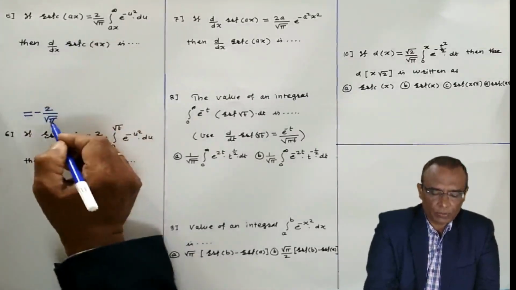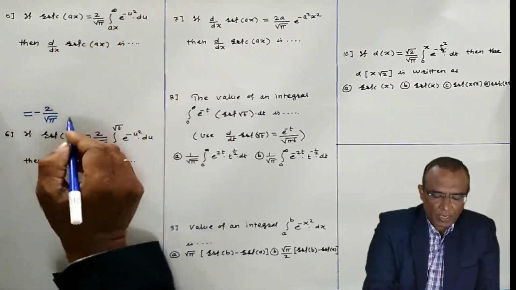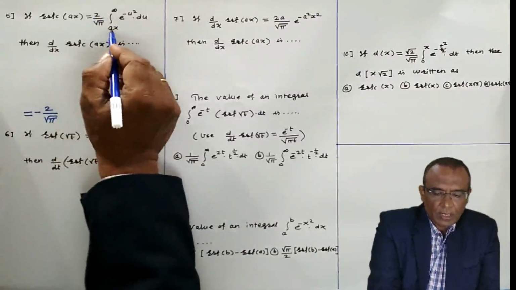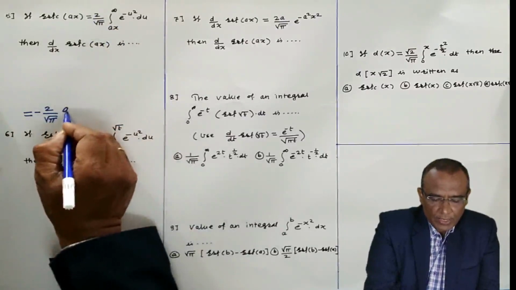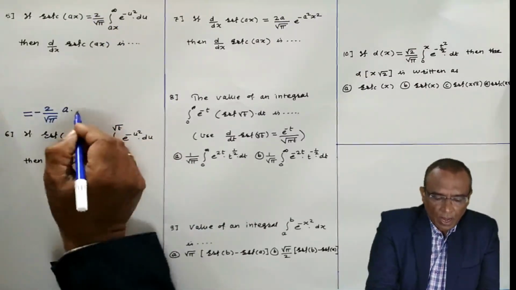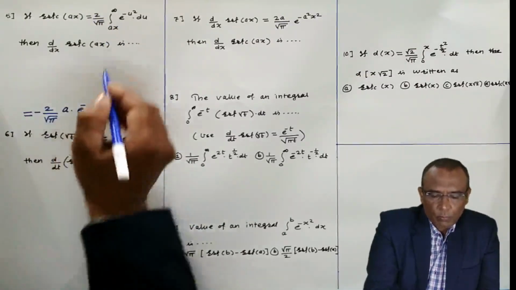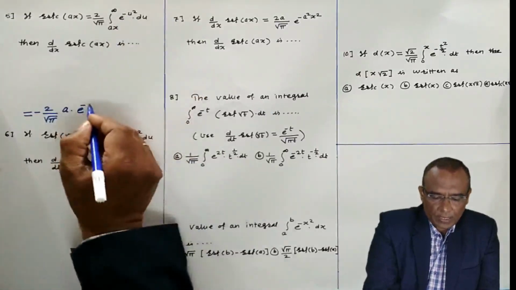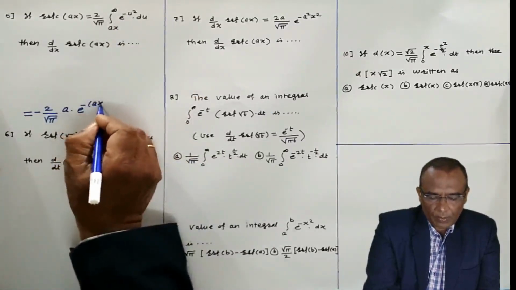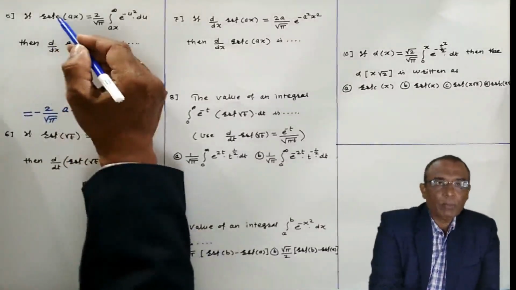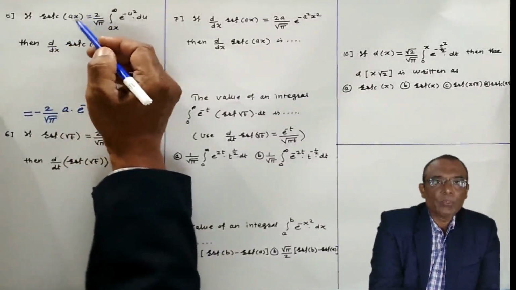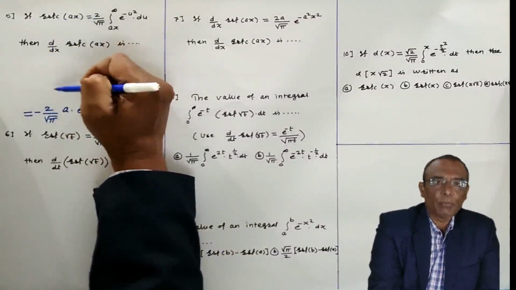The direct way, I take 2 by root pi as it is, write down the derivative of ax with respect to x, which is a, and put u equal to ax here. So this is the derivative of this one, and you can use the second Leibniz rule and prove it.